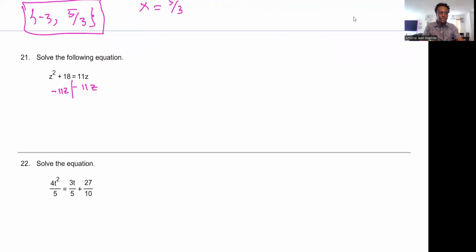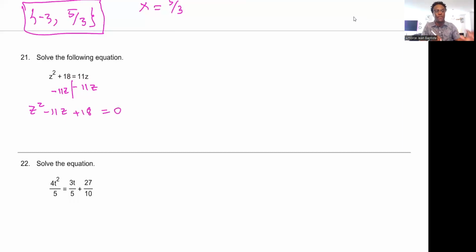So that's why I subtract the right side from both sides. And then I want to write my expression in standard form, which keeps the expression in descending order of exponent. So z squared minus 11z plus 18 equals 0.